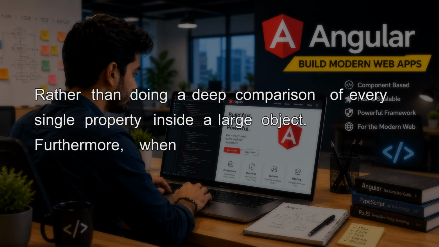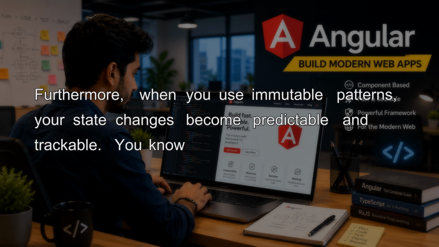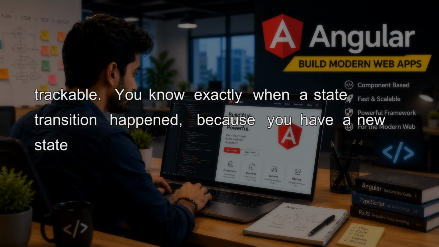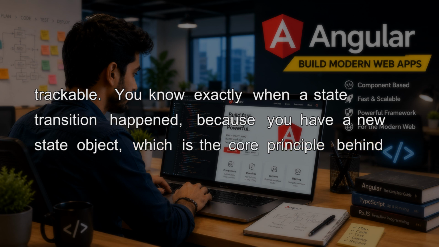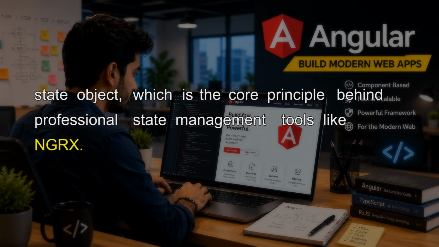Furthermore, when you use immutable patterns, your state changes become predictable and trackable. You know exactly when a state transition happened because you have a new state object, which is the core principle behind professional state management tools like ngRx.